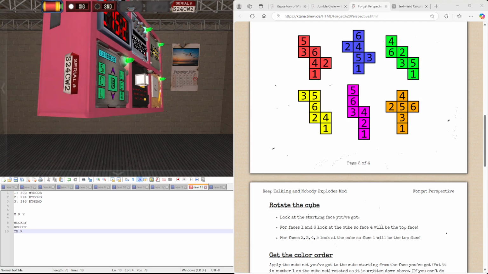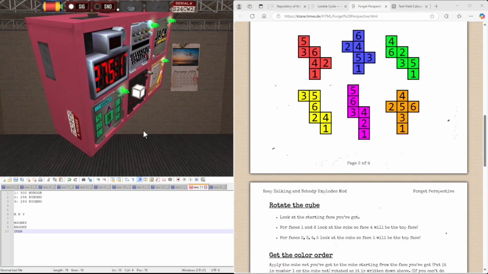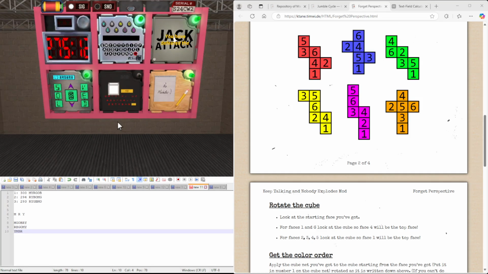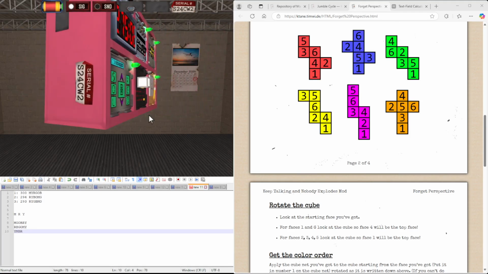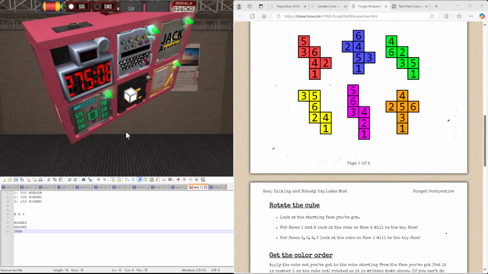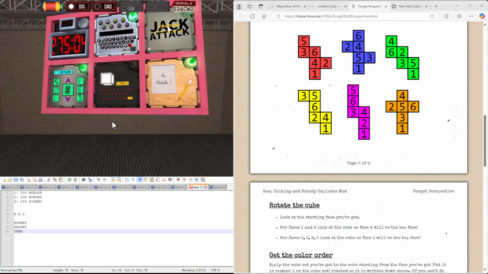So 4th colour. So 1, 4, 2, 6, 5. Down. So that's there actually.